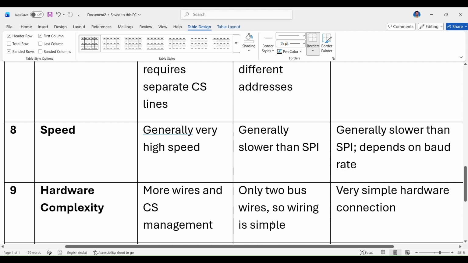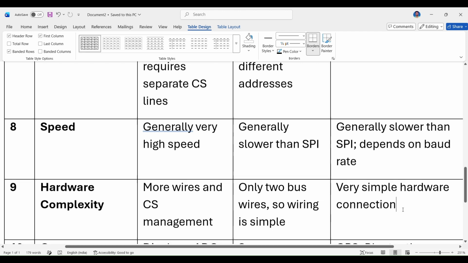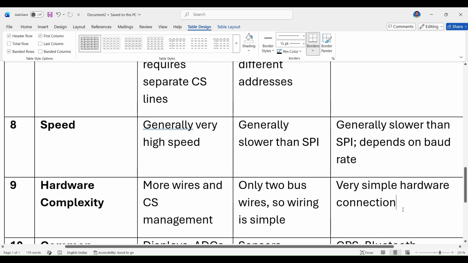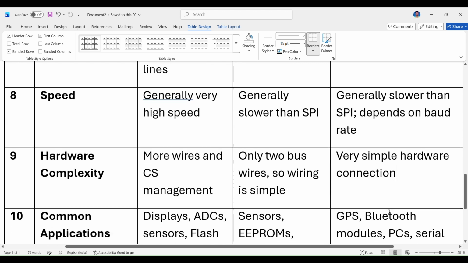In I2C, only 2 wires are required since it has only SDA and SCL. In UART, the fewest wires are required because it has only a transmitter and a receiver, and it is point to point communication, so it is a very simple hardware connection. Sometimes we can even connect directly without extra wires.